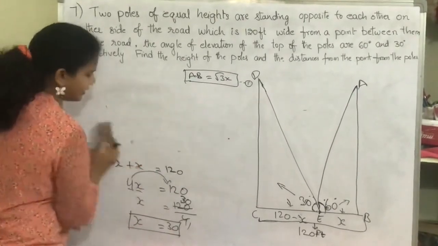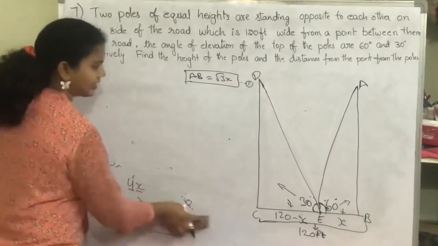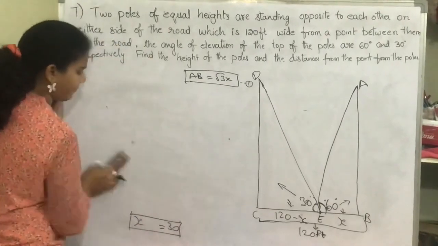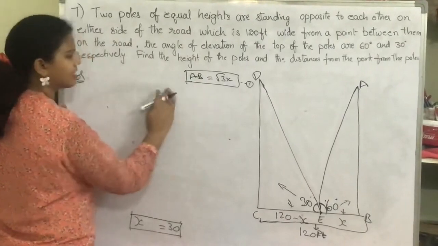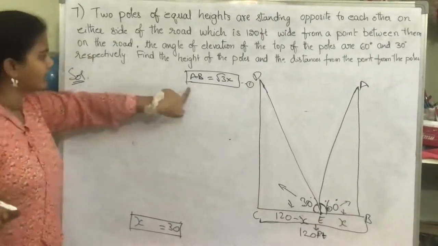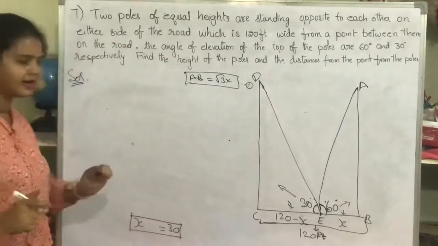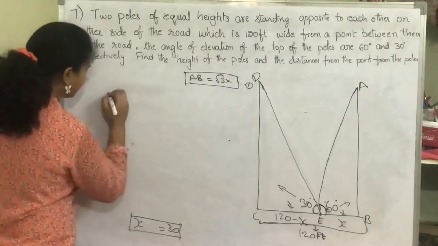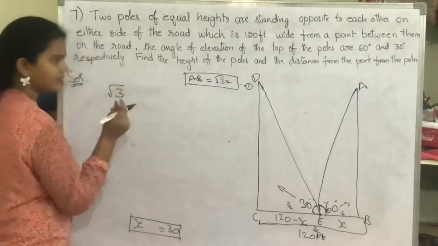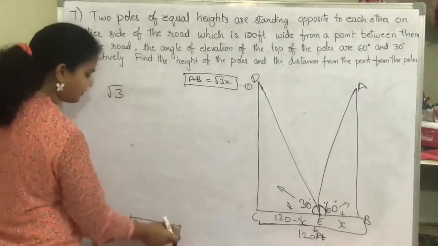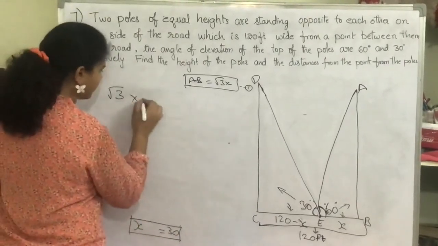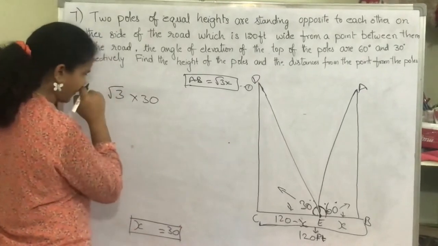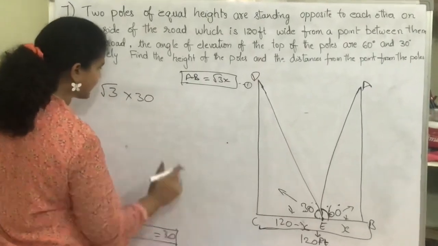So now I need the value of AB and DC. From equation number 1, we got AB equals root 3x, right? So root 3, and the x value we got is 30.